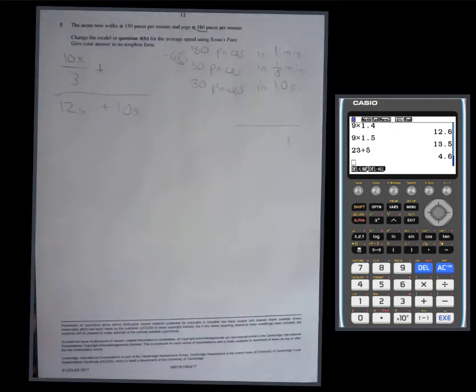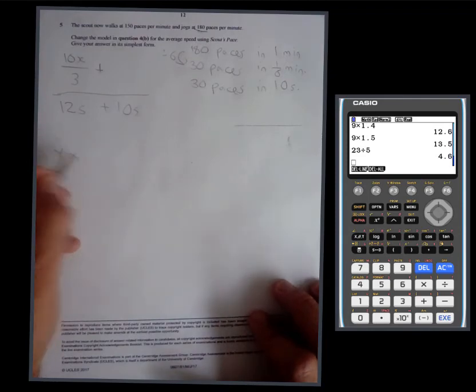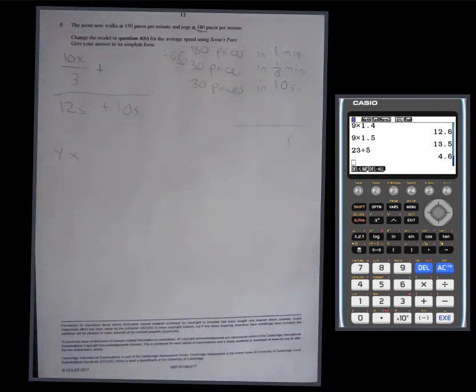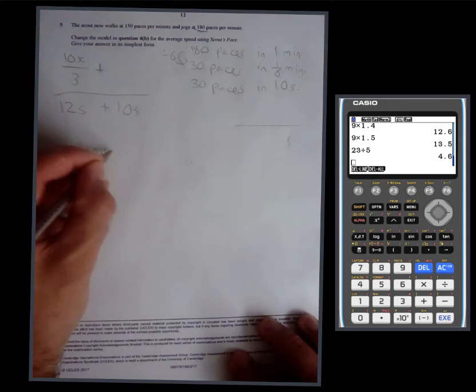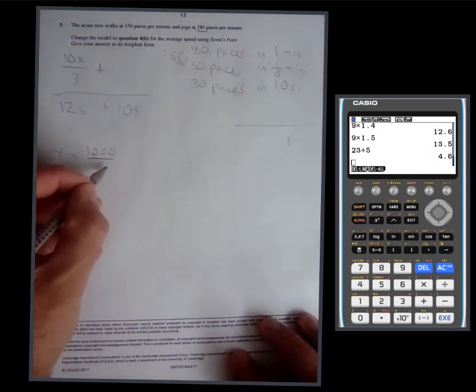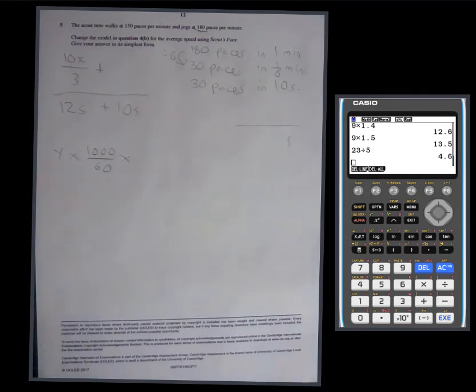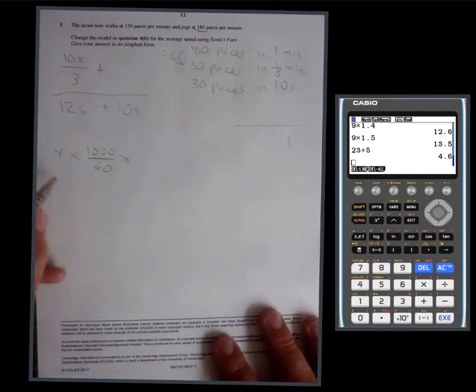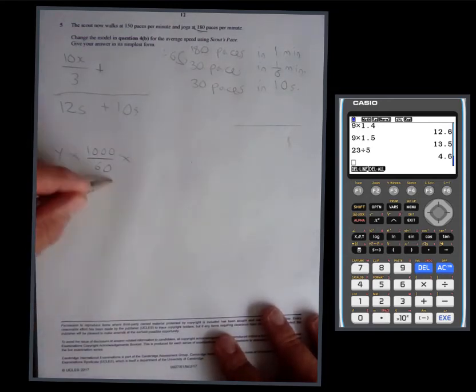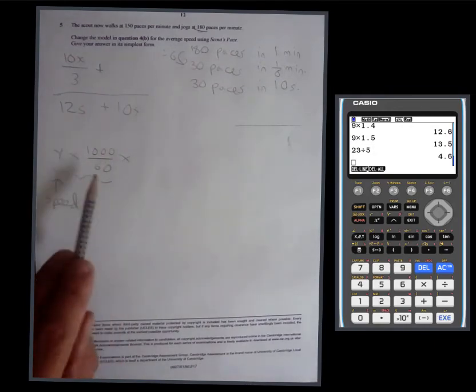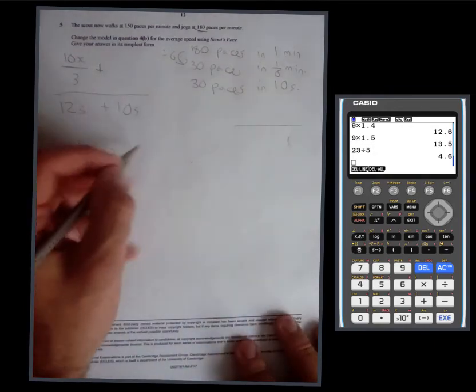So it's going to be y, the speed, times 1000 over 60, given to us right at the beginning of the paper, times the number of minutes. Remember, this is just speed times time. And this really is all speed, because this is just a conversion. It flips it to meters per minute. This is speed times time.